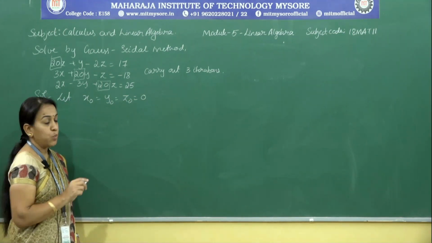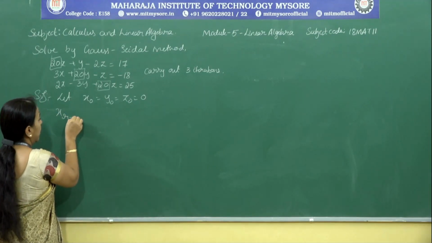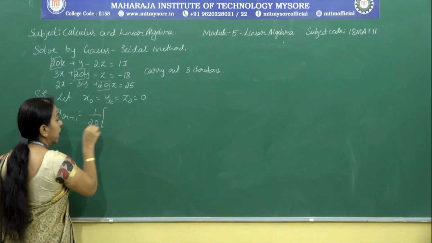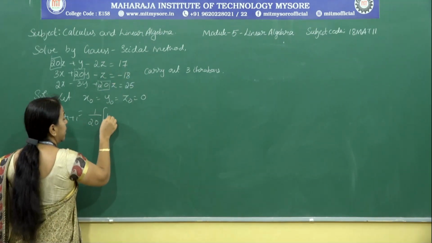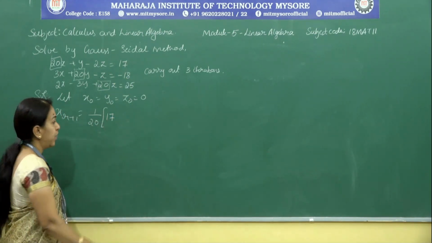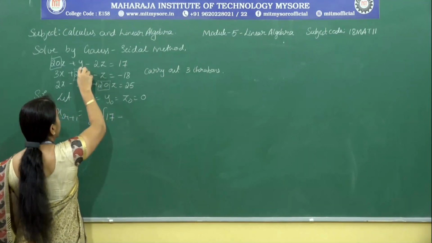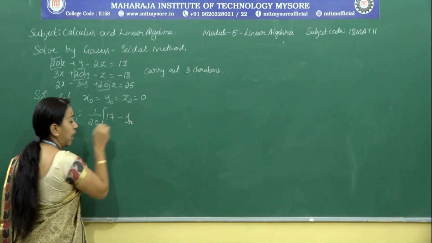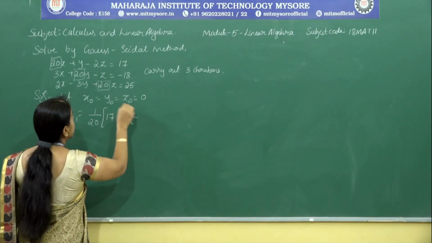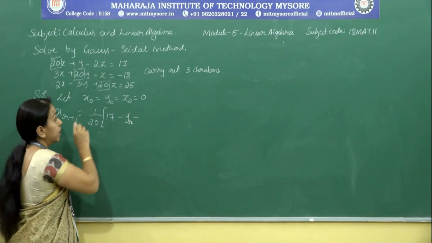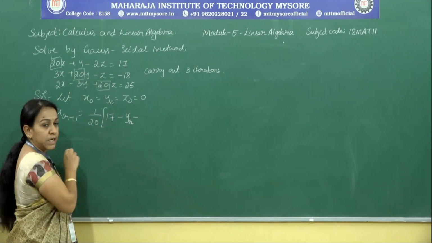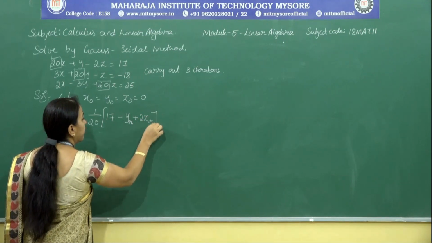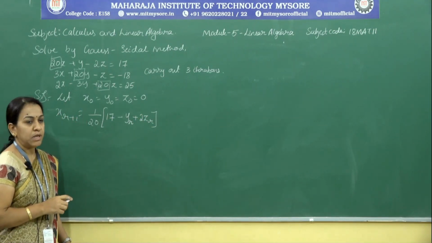So x(r+1) is given by x(r+1) equal to the diagonal dominant element, 1 by 20, into 17, that is the RHS value, minus the coefficient of y, that is 1 times yr, minus the coefficient of z, because we have a minus sign here already, so it becomes plus 2 times zr. This is your equation for x(r+1).